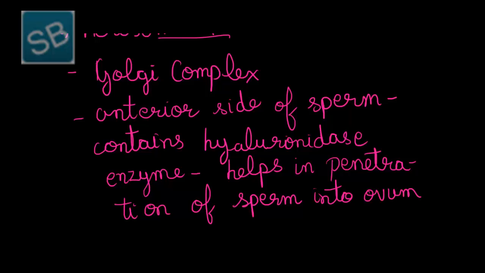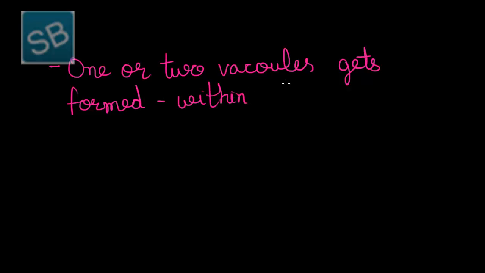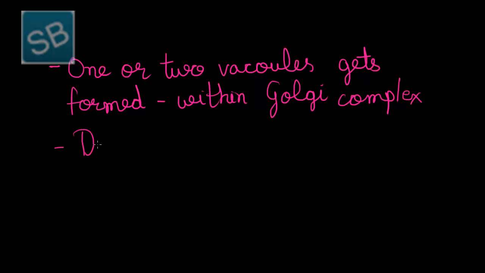Since this enzyme lubricates the sperm entry into the ovum, further, with the formation of the Golgi complex, one or two vacuoles get formed within such Golgi complex, as a result of which this Golgi complex becomes large and occupies the space between the tubes of the Golgi complex, following which a dense granule appears.